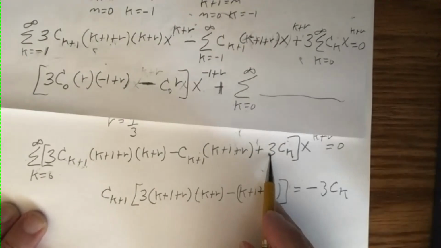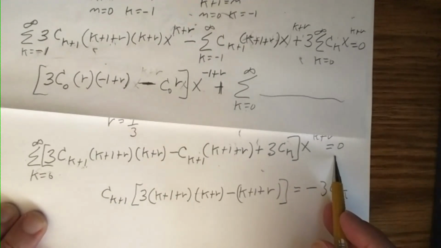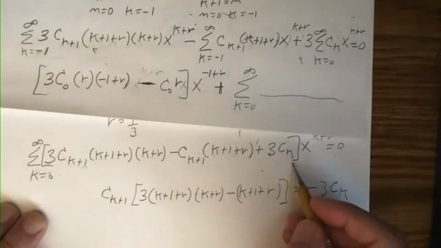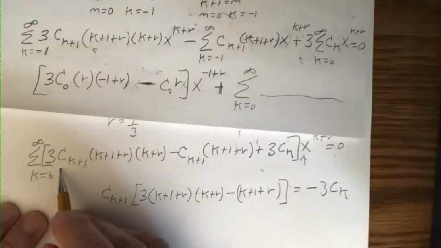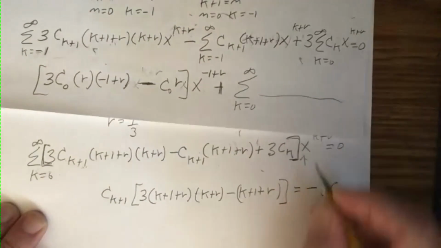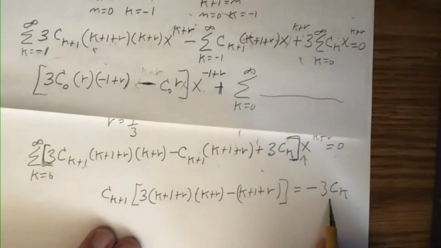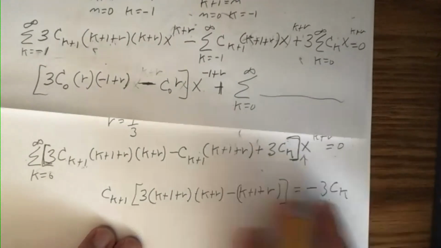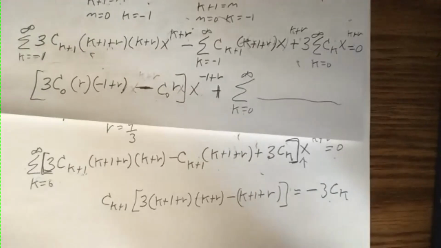What I'm doing is, since the bracket can't be 0, I'm setting what I have in the brackets equal to 0, and bringing the other term over to this side of the equation. All right, so now I got my recursion relationship.